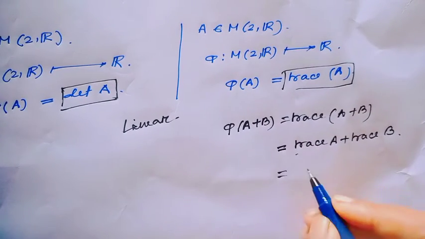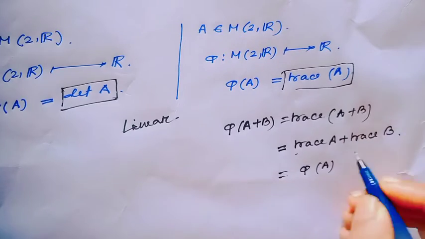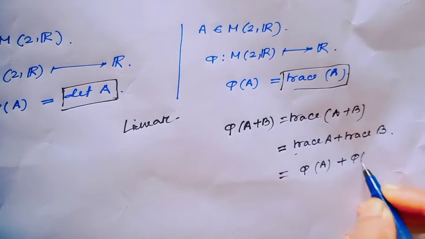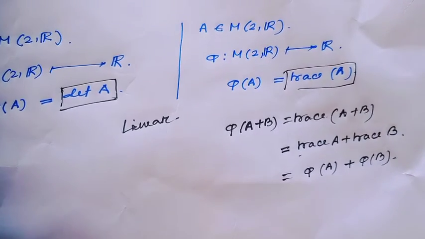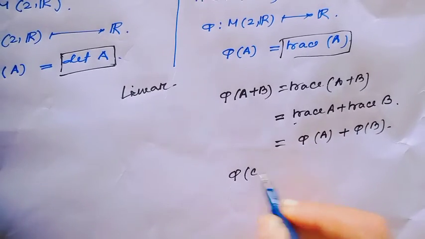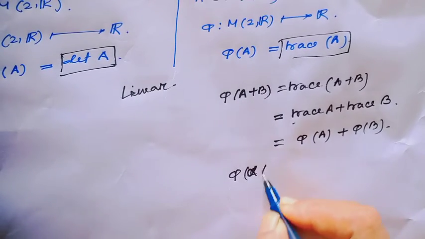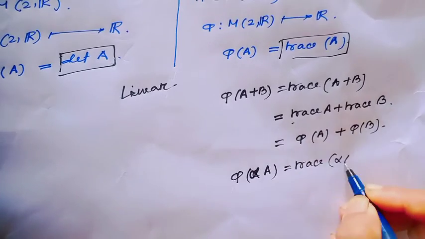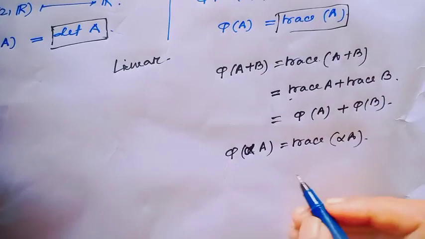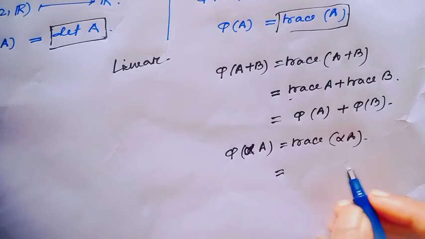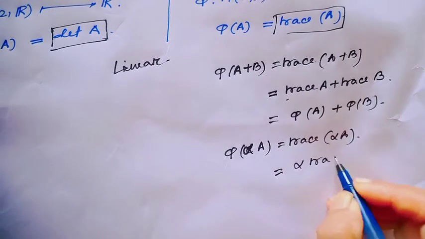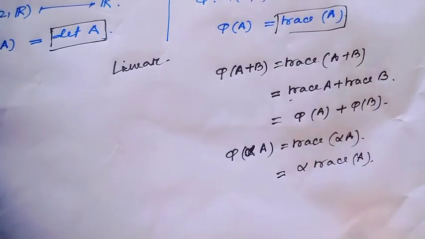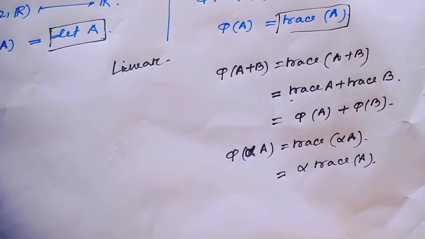And this trace of A means phi of A, and this trace of B means phi of B. And phi of alpha A equals trace of alpha times A, and by the property of trace, this means alpha times trace of A. Okay?